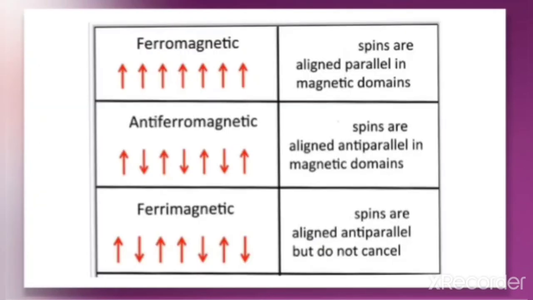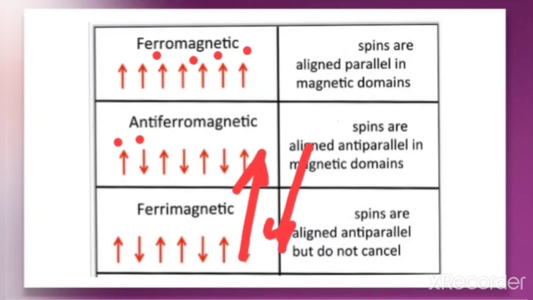We can compare the alignment in this way. In ferromagnetic substances, the spins are aligned parallel in the magnetic domains. But in antiferromagnetic substances, the spins are aligned anti-parallel. Anti-parallel means one is in this direction, the other is in the opposite direction.